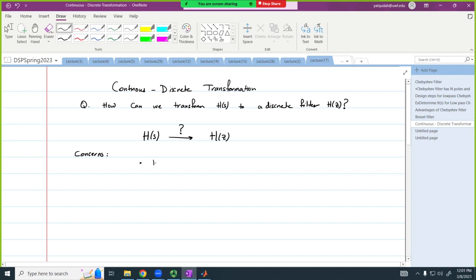We need to preserve stability. Make sense? Like, I don't want to transform a continuous filter to discrete, and all of a sudden the filter is unstable. The filter is such that there is a pole outside the unit circle and the filter is unstable. What else we want?